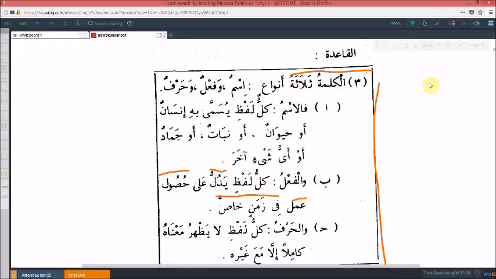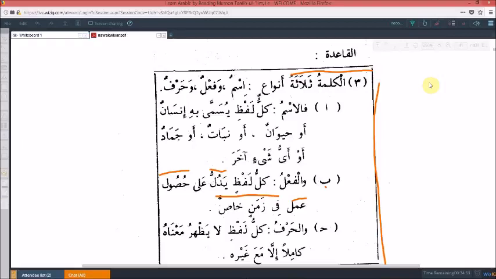And as we'll find out, that's the past, the present, or the future. Fi'l, kullu lafdhin, every wording which leads or points to the attainment, the doing of an action in a particular time.